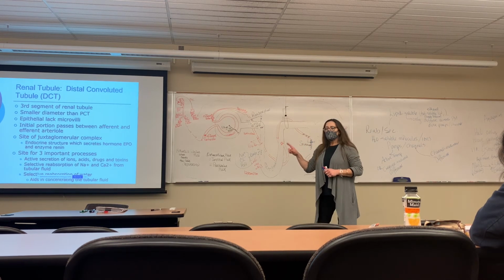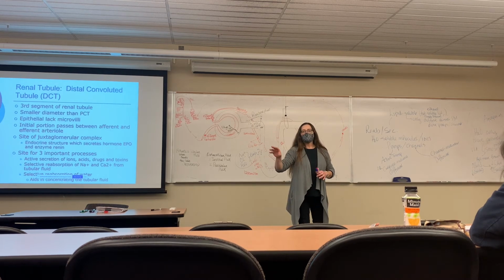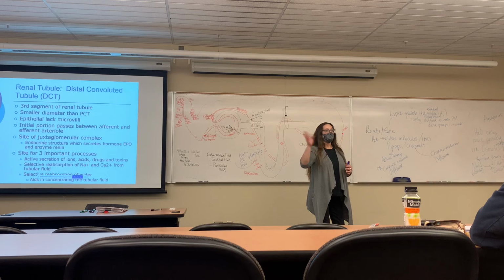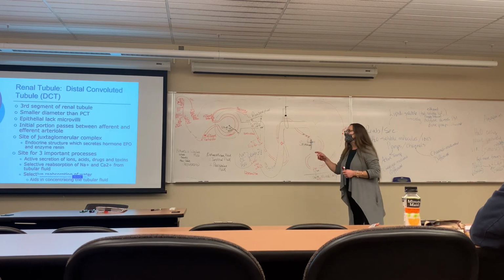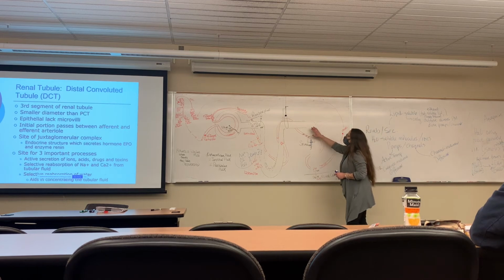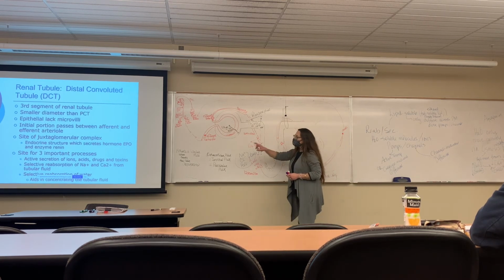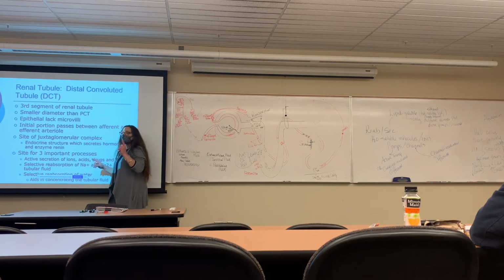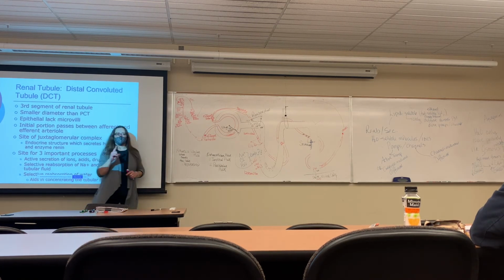If you don't remember what EPO is, it's on your comprehensive study guide, so if you've forgotten it, you'll learn it again, or you'll learn it for the first time. Regardless, you'll learn it. But what we're going to talk about later is there are some cells within this juxtaglomerular complex that are going to produce not a hormone, but an enzyme called renin.